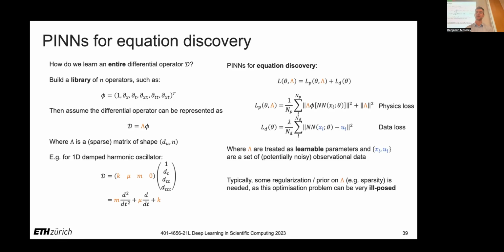So when we're doing PINNs for equation discovery, it's very similar to how we train it for the inverse problem. But instead of learning single parameters of the PDE, we're going to learn this entire lambda matrix, this whole matrix of possible coefficients of all these different operators. I've restricted phi here to be a very small set, so that I basically just have the coefficients here.